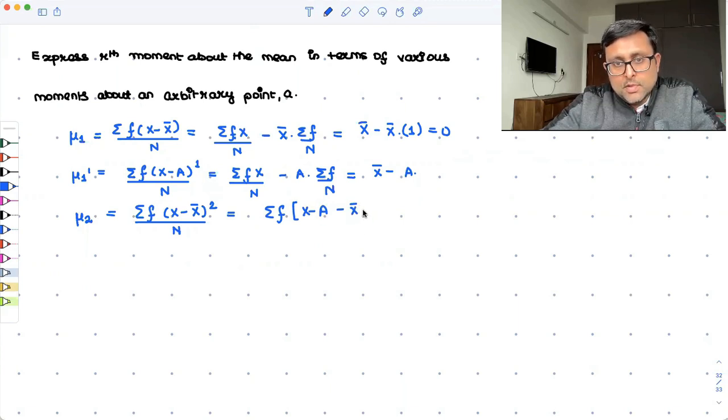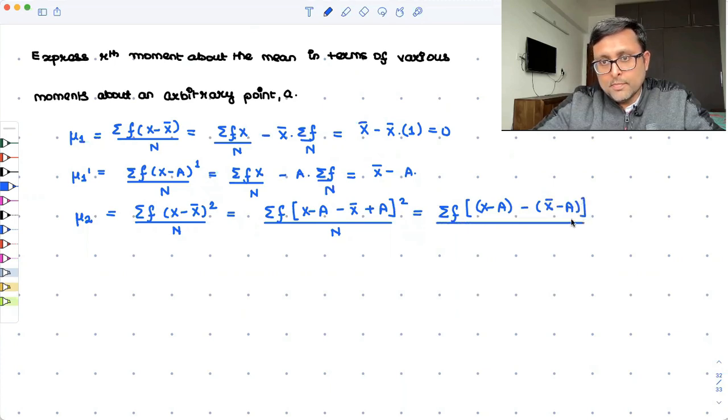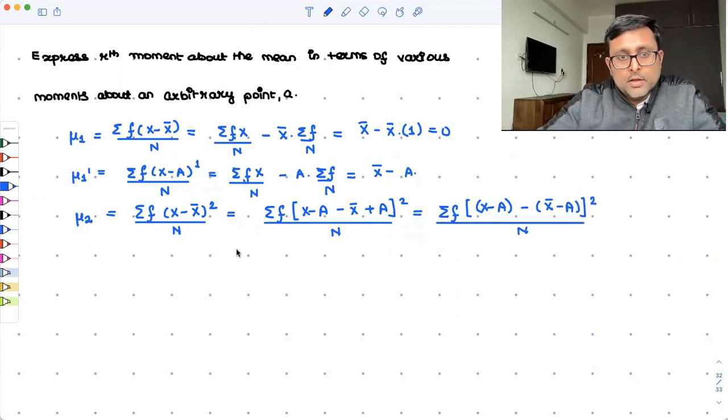So what is it that I have done? I have done it like this. That is basically summation of f into x minus a, you can take minus common, x bar minus a, upon n, its square, right?